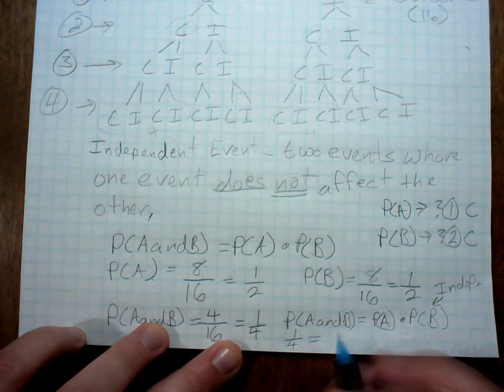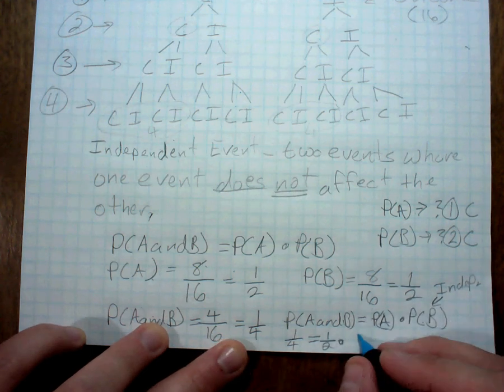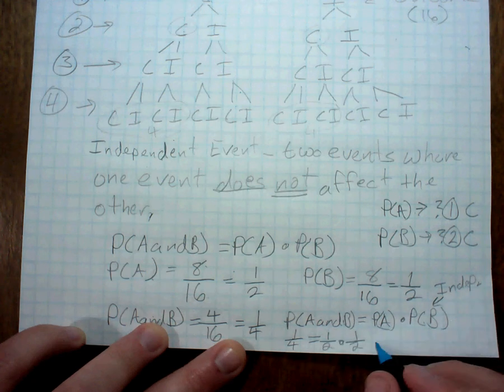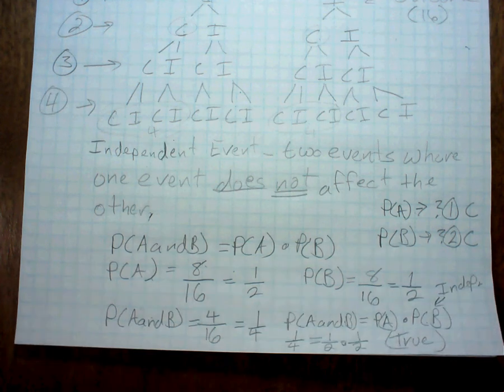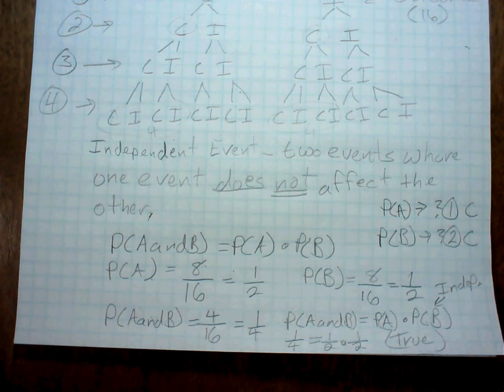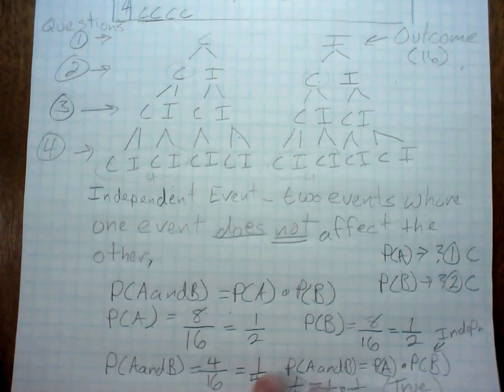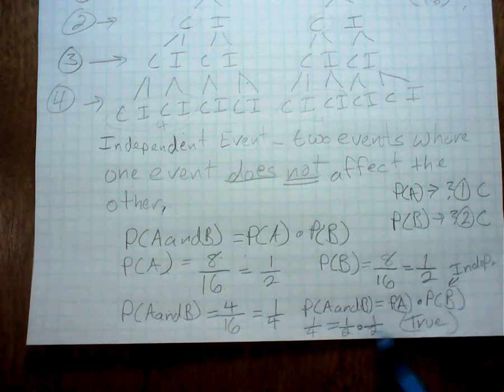But the probability of the first one being correct is 1/2 times the probability of the second being correct, which is 1/2. And so yes, these are independent events because the math followed the formula. If they're dependent, I'll teach you a different method, but this is how you determine if 2 events are independent or dependent. It doesn't matter what they guess on the first one. There's no condition. Those 2 events are completely independent of one another, and mathematically, to calculate the probability, we would use this formula.